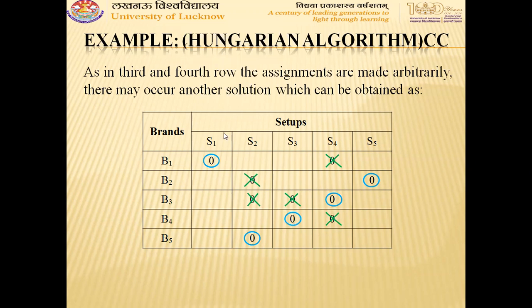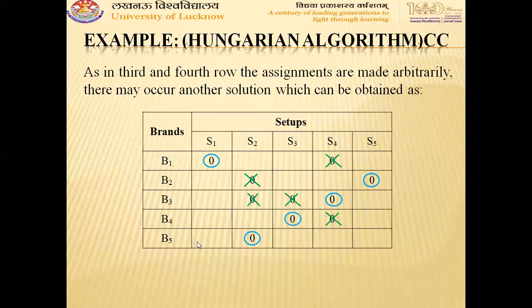That means again brand B1 is from setup S1, brand B2 is from setup S5, but B3 is changed. In the first solution it was from S3, now B3 is manufactured from setup S4, and B4 is manufactured from setup S3. B5 will remain the same as the first one, that is, B5 is manufactured from S2.